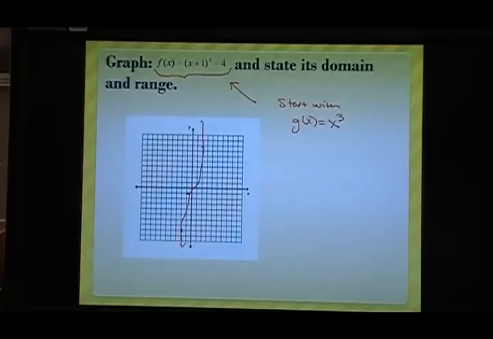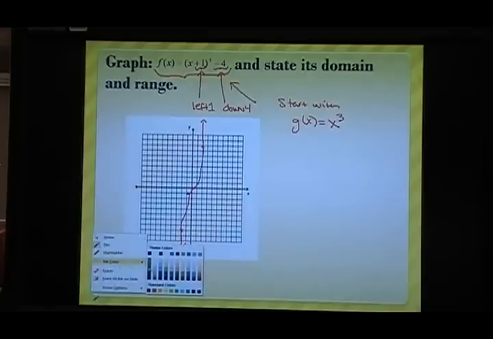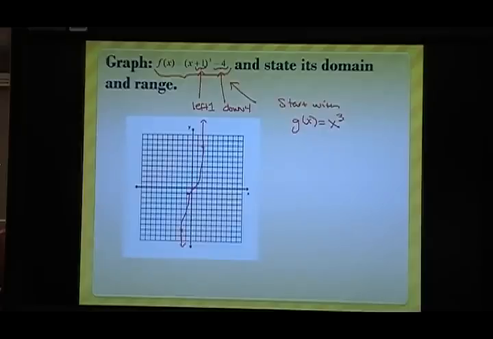And then to make f, I'm going to take g. We've got this +1 inside here. Because it's +1, I'm going to move all of my points to the left 1. And that -4, I'm then going to move all my points down 4. So every point, left 1 and down 4, and that will be the graph of f.